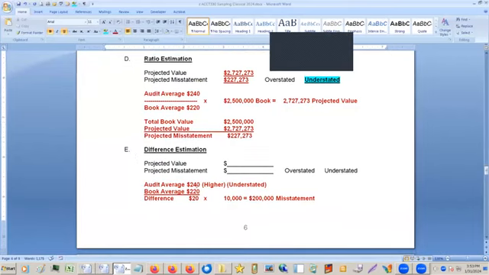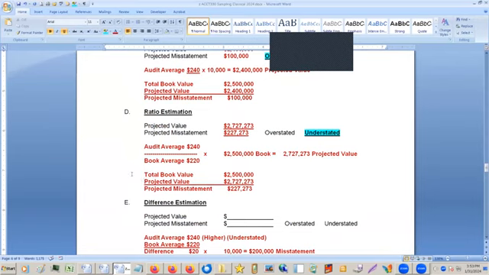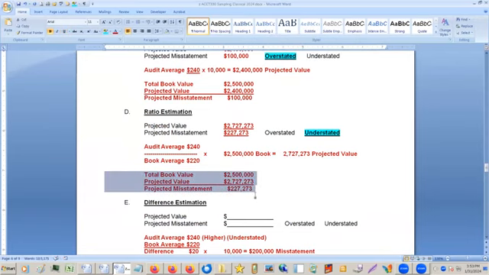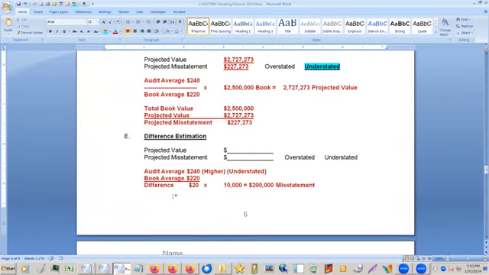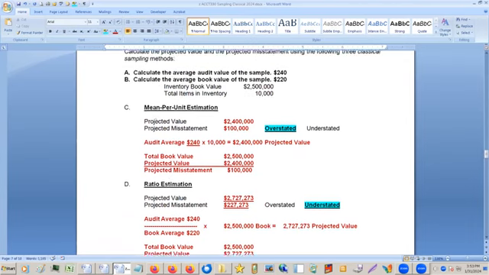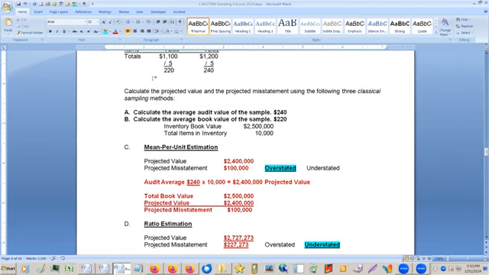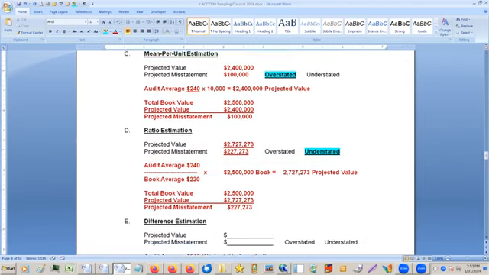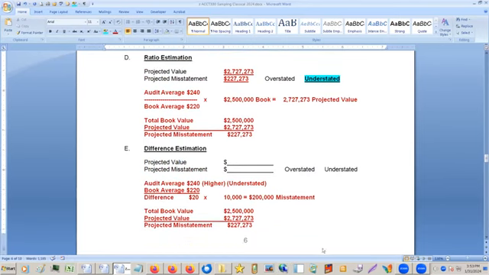Okay, this one down here is the most tricky one. And that is, we have this misstatement. These are going to be understated by 200,000.